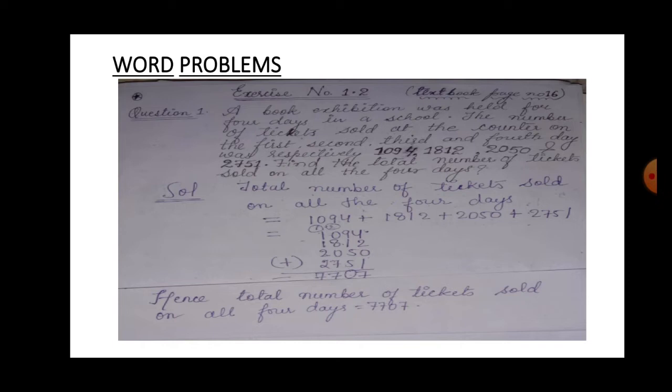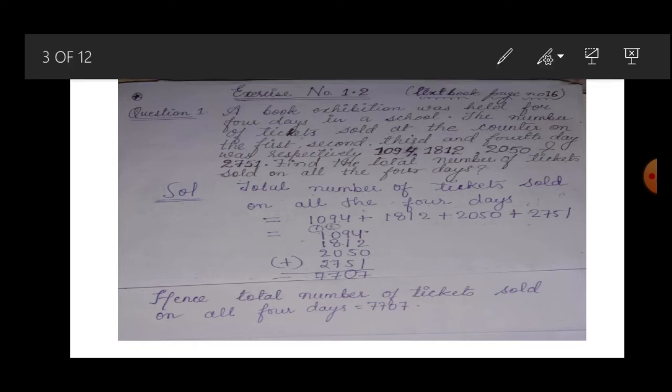Your solution will be: total number of tickets sold on all the 4 days will be equal to the sum of all the tickets that were sold on the 4 days. Then when we arrange them, we start the addition always from the right hand side, that means from the ones place, and after adding all the tickets sold on these 4 days, we have got 7707.